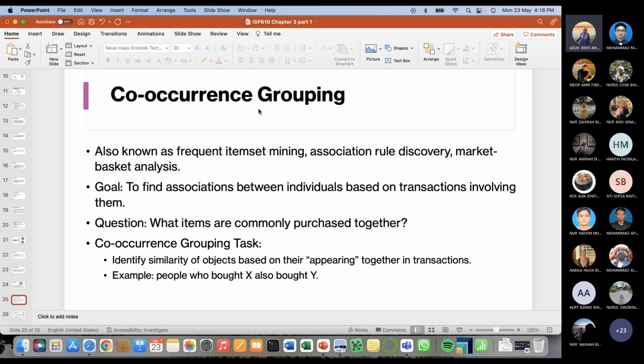So it will look at each customer. So do customers A and B have an association? Based on what? Based on whatever transactions they make, whatever activities they have. Okay, in the telco case it is transactions, but in other cases maybe other activities. So the question is, what items are commonly purchased together?